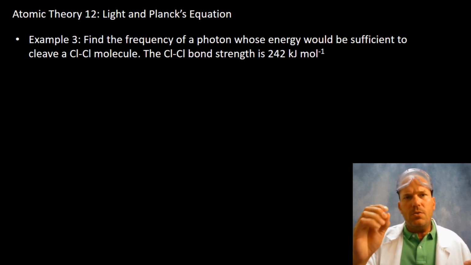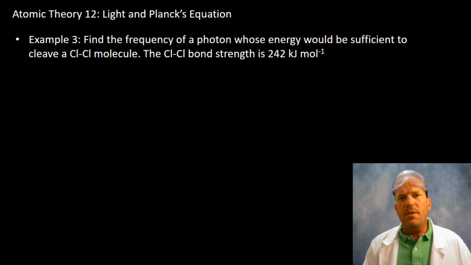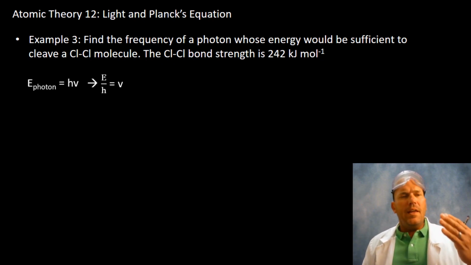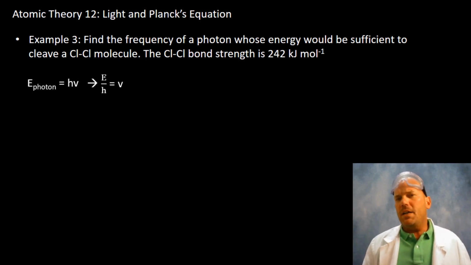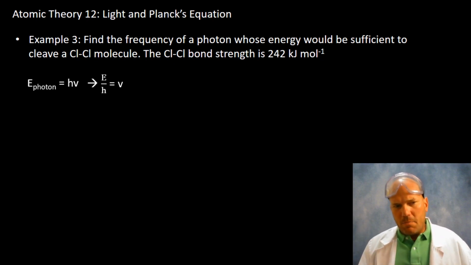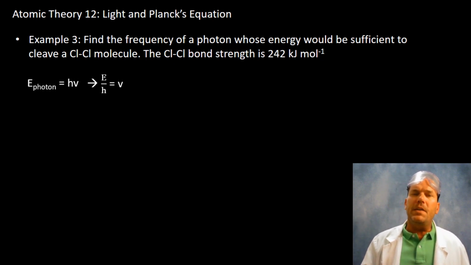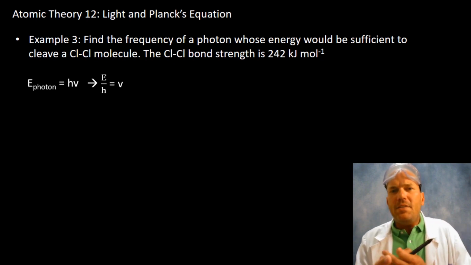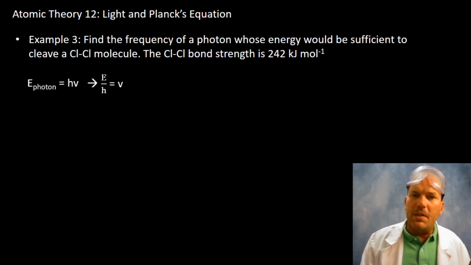242 kilojoules, a measurement of energy per mole. If you consider that the energy of a photon is equal to Planck's constant multiplied by the frequency, then you can rearrange that in terms of frequency.